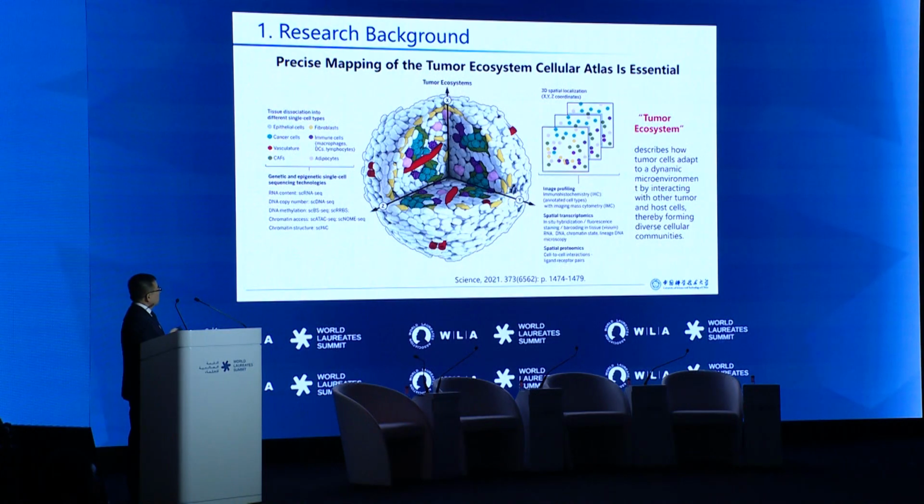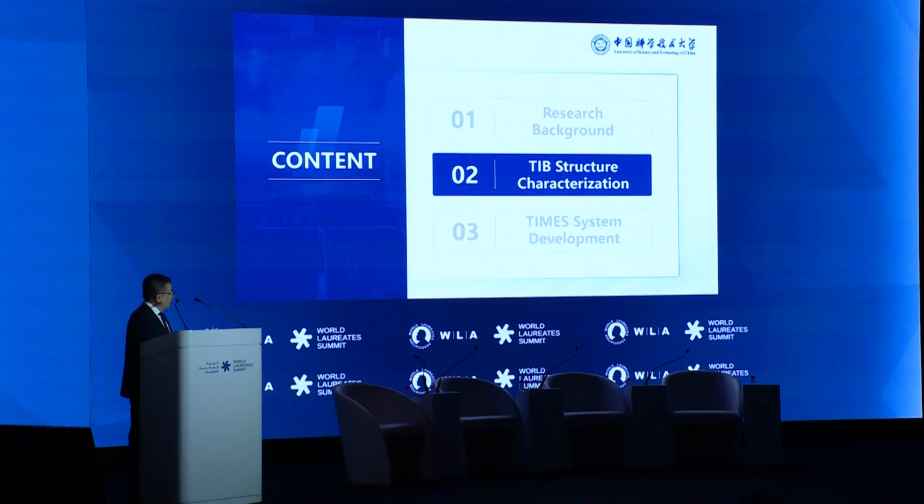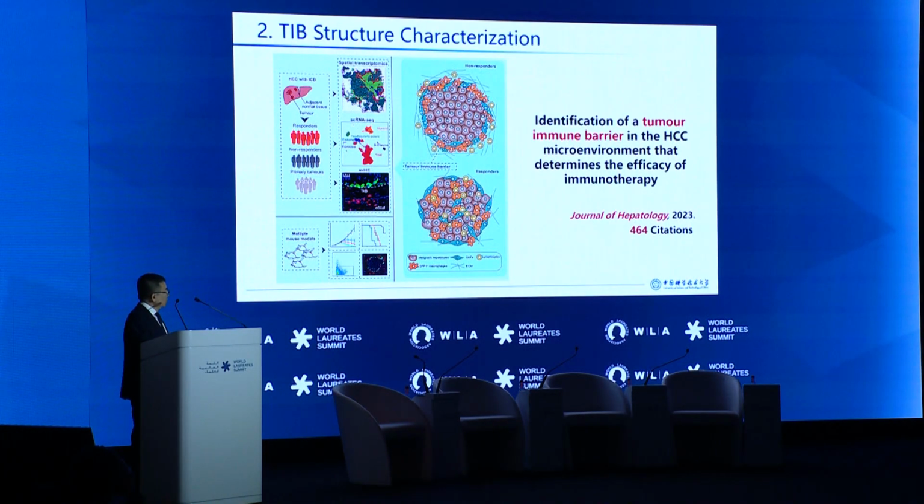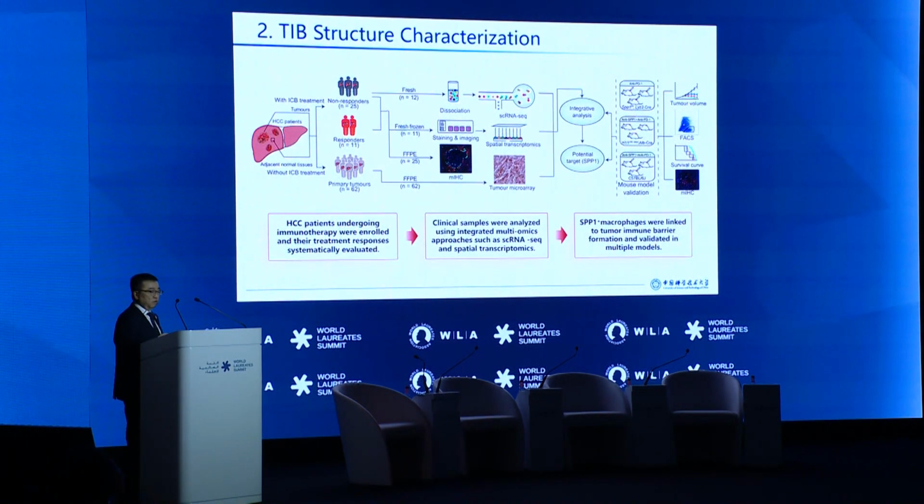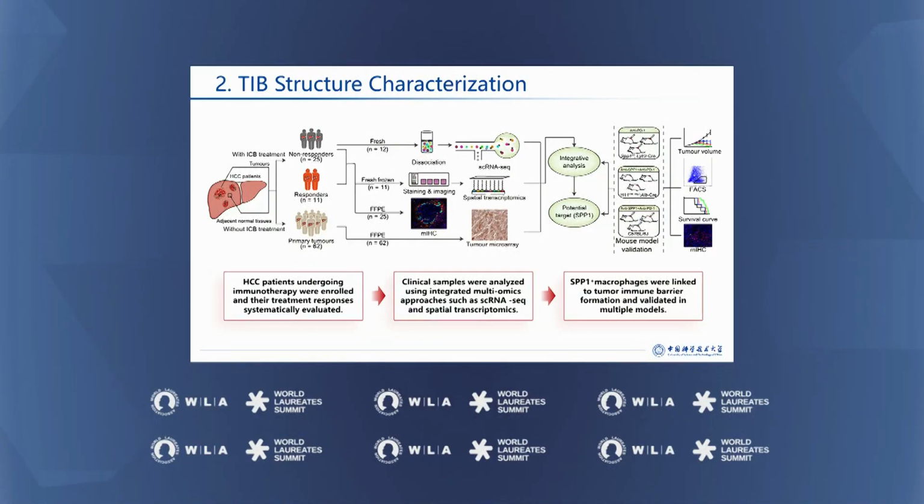This is a precise mapping of the tumor ecosystem. A cellular atlas is essential. And we identified the tumor immunobarrier structure characterization. And as a surgeon, we have the chance to get samples from patients who receive conversion therapy before operations. There's a response and non-response.